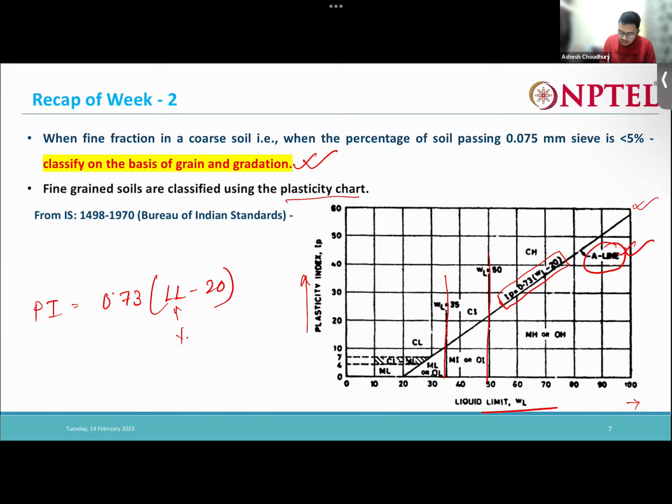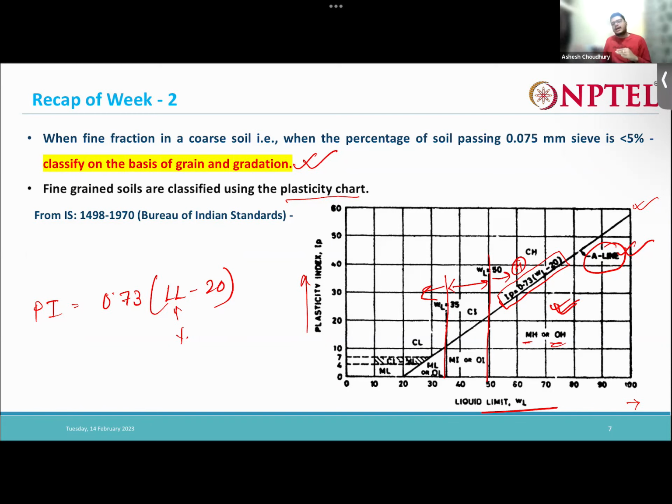On this side it is L, in between it is intermediate, and on this side it is H. If our fine soil falls below this A line, it is MH or OH, or it might be H or I or L, whatever it is.